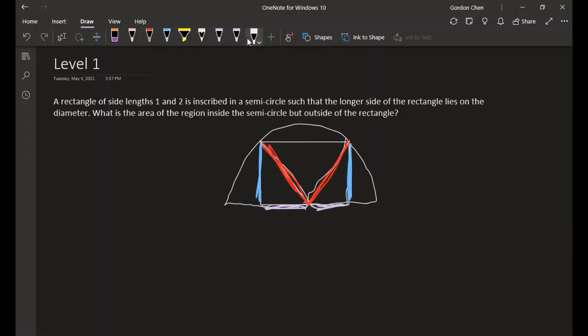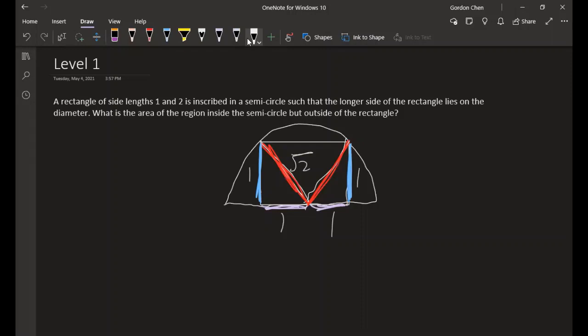And so this is a midpoint of the side length 2. So this is 1, this is 1. And this is 1, this is 1. So the radius is root 2.